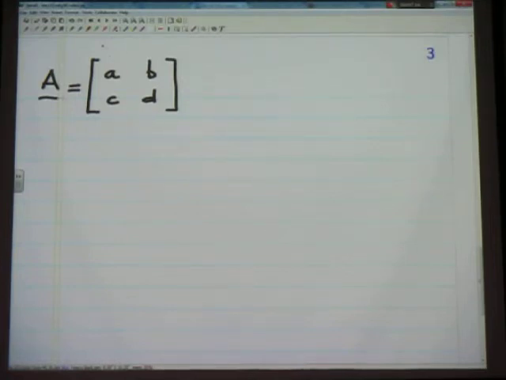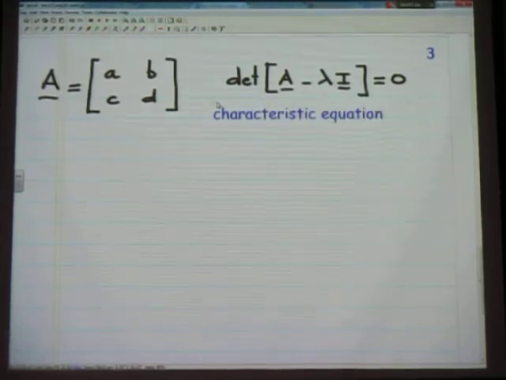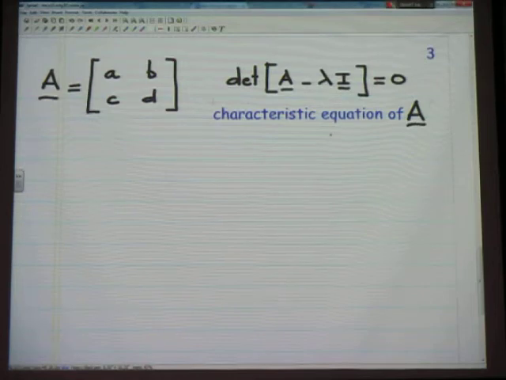So the characteristic equation is the determinant of A minus lambda I equal to 0, since the mass matrix is the identity. Remember Wolfram Alpha from several lectures ago, when I lectured on standard eigenvalue problems?